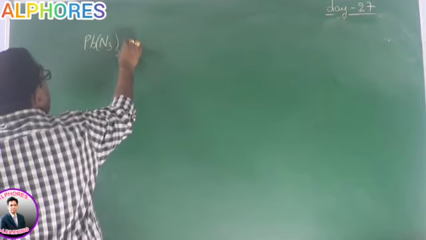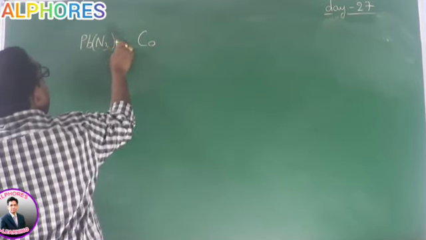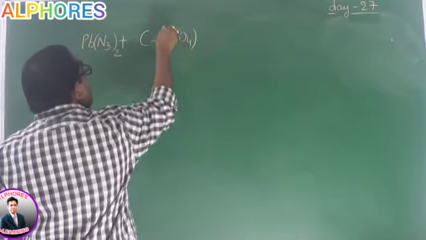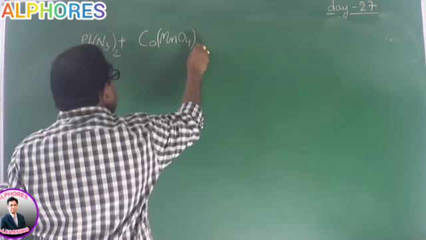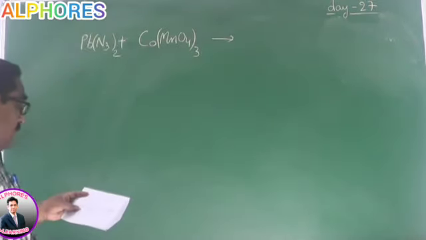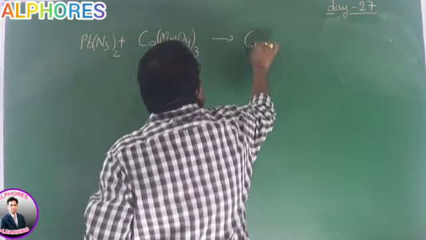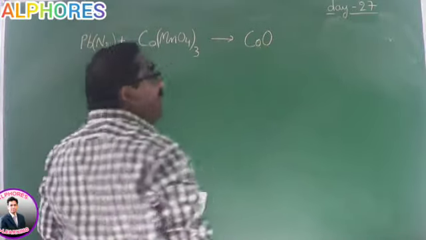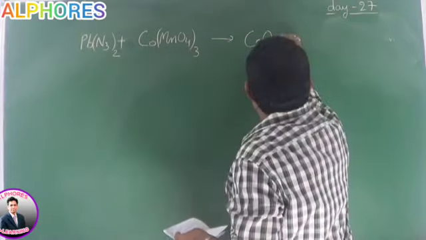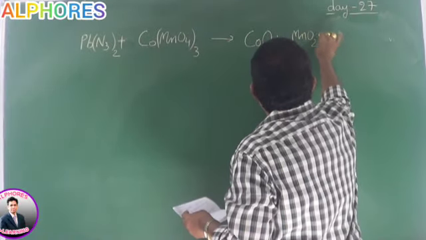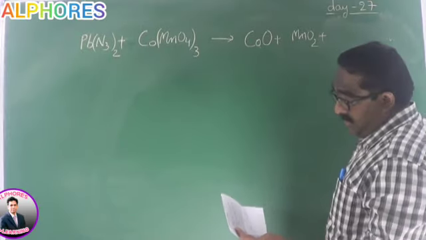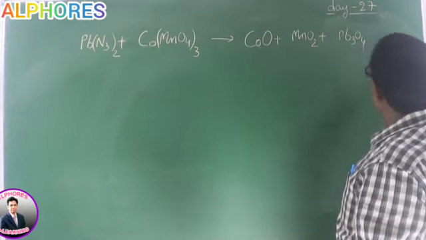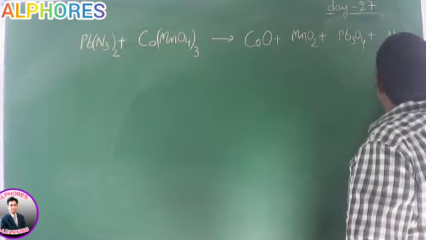This is lead azide, cobalt permanganate, gives rise to, write it down students, cobalt oxide, CoO, small o I am writing, manganese dioxide, Pb3O4, mixed oxide of lead, and nitric oxide NO.